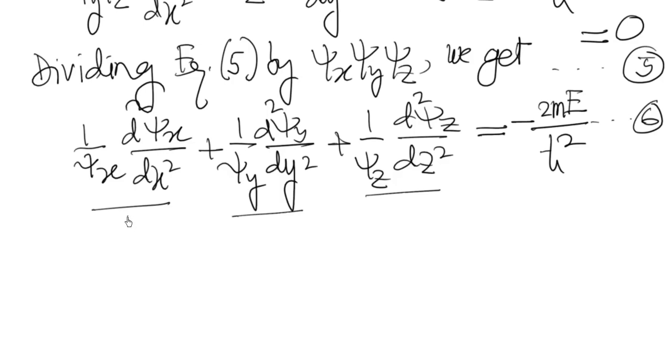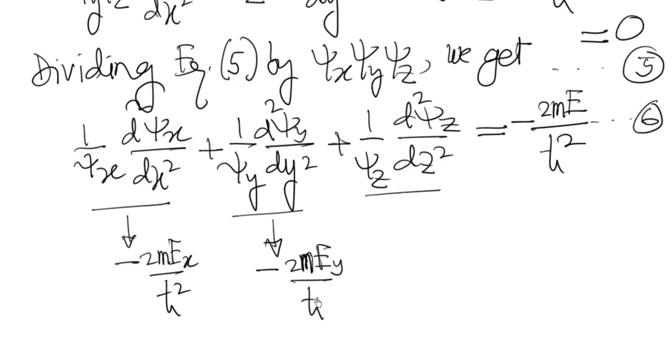Let us suppose that we call this term minus 2m Ex by h cut square, this term minus 2m Ey by h cut square, and this term minus 2m Ez by h cut square.